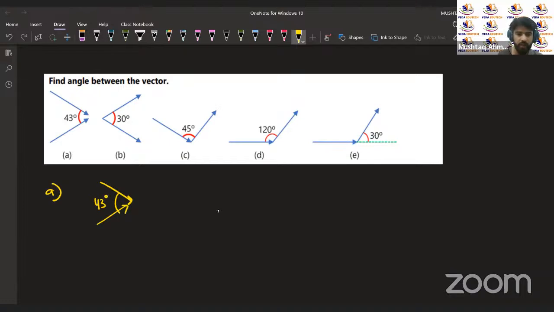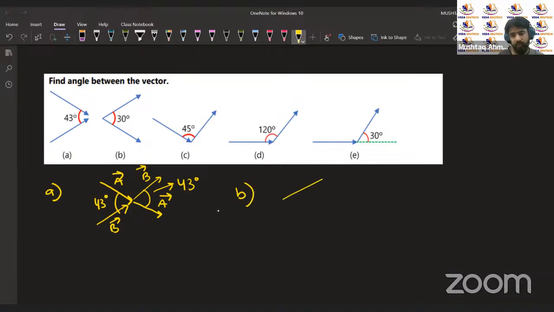So I can shift this vector like this parallel to itself. Let me call this A vector. I can also shift this B vector parallel to itself like this. So this is B vector. Now we can clearly say that if this is 43 degree, this angle also must be 43 degree, because these two angles are vertically opposite angles. So here in this case, the angle between the two vectors is 43 degree.